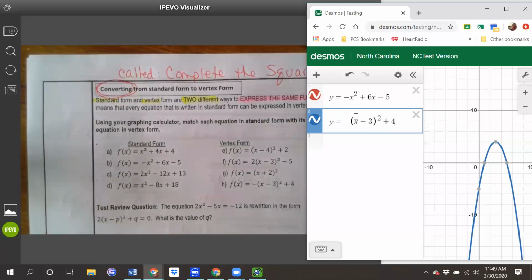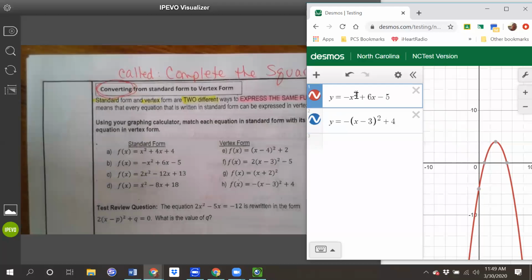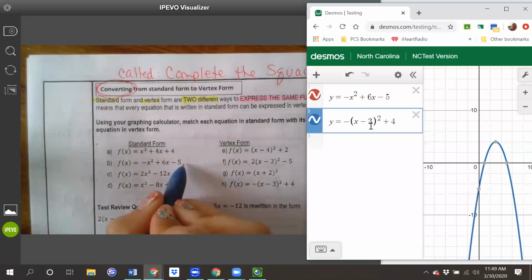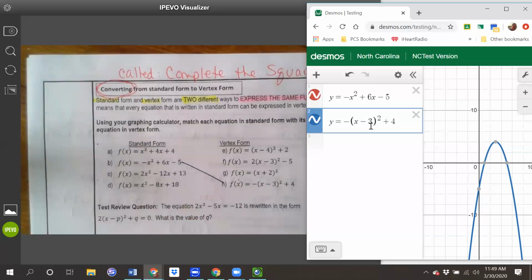So you can see that they have graphed on top of each other. Watch, if I click the red one and then I click the blue one, you can see the graphs changing colors. They are in fact the exact same graph. So that means that I can put those two together.